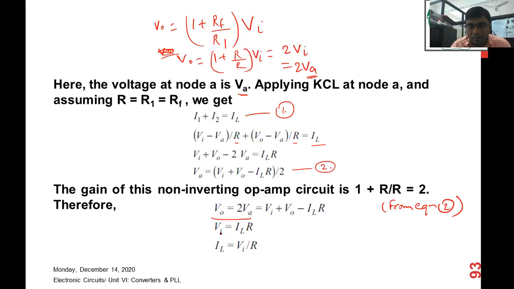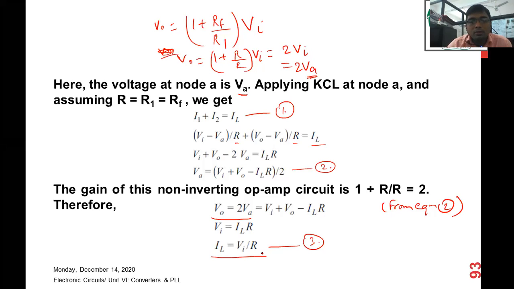So here the remaining terms are Vi is equal to IL R. So finally the load current is equal to Vi upon R, means it is proportional to the input voltage. In this way we have seen that in the voltage to current converter, either you are using a floating load or grounded load, in both cases your output current is proportional to the input voltage.